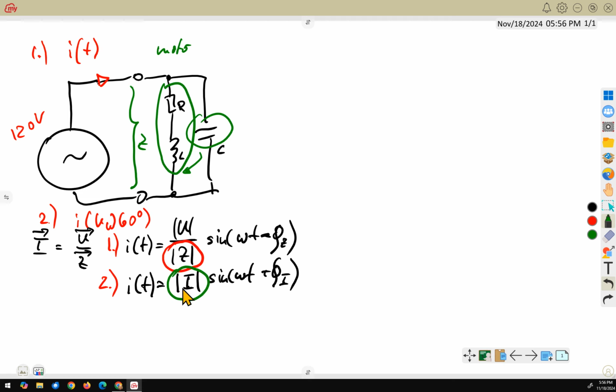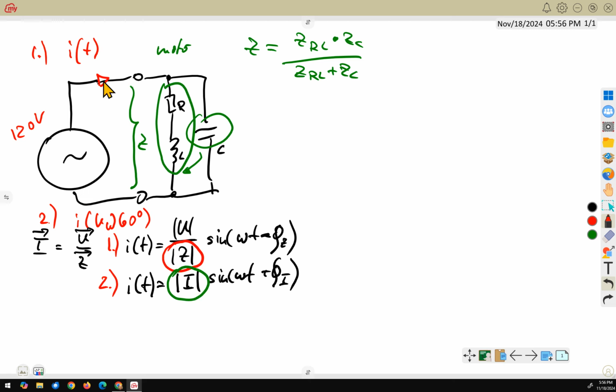Why? Option number one needs the calculation of the parallel resistance. The parallel resistance of this one is the product of both branches divided by the sum of both branches. This can be a little bit tricky, a little bit more to do. The easier way is actually to go via the sum current.